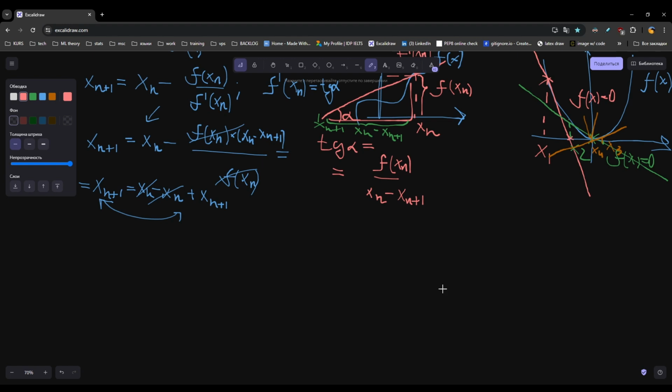So let's rewrite our problem of finding the best square root for some input number r as an equation: x squared minus r equals 0.